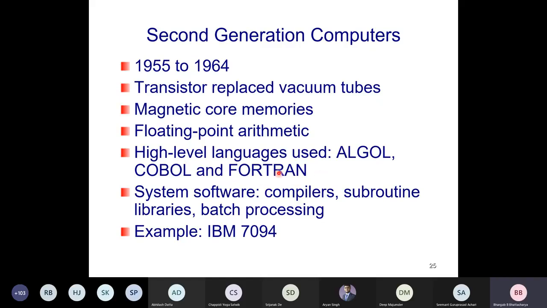FORTRAN is still used in some scientific areas; many physicists still use FORTRAN. At the same time, the concepts of compiler, subroutine library, batch processing, and operating system were developed. An example of this second generation machine is the IBM 7094.